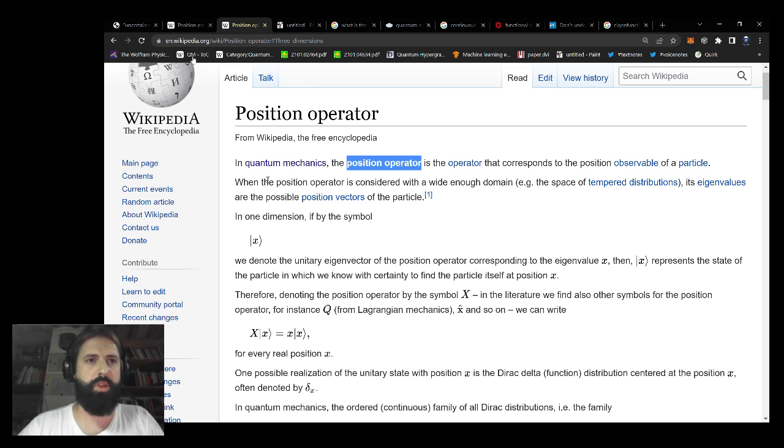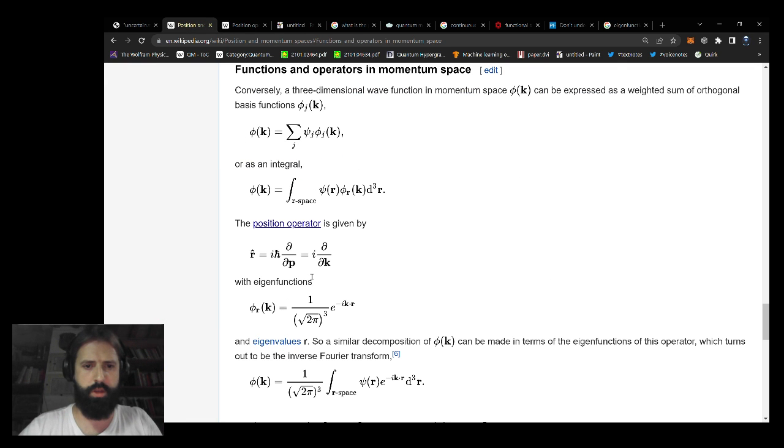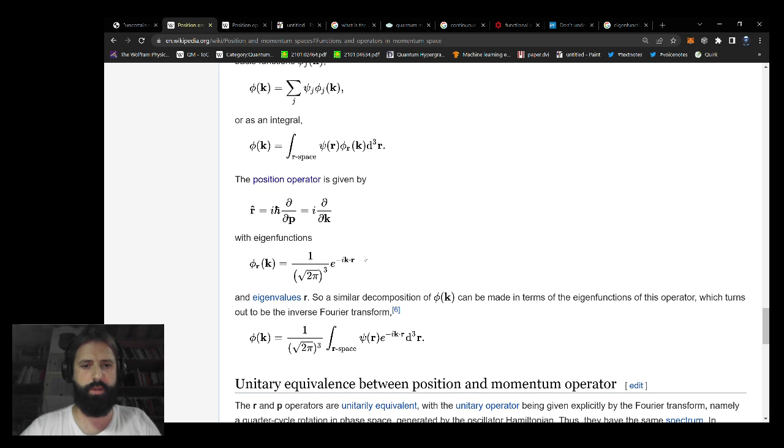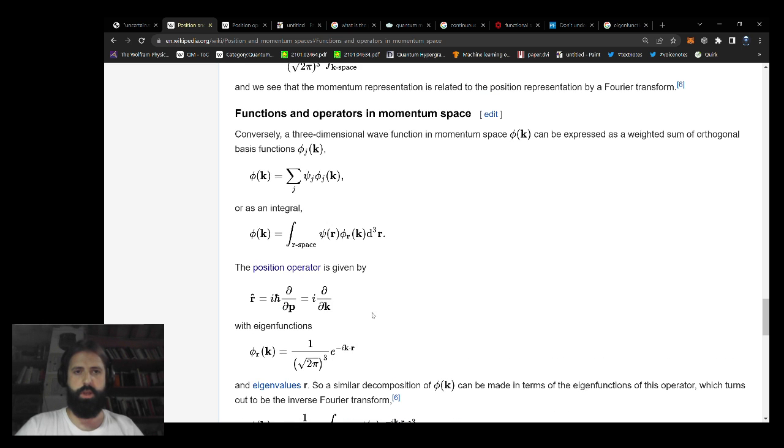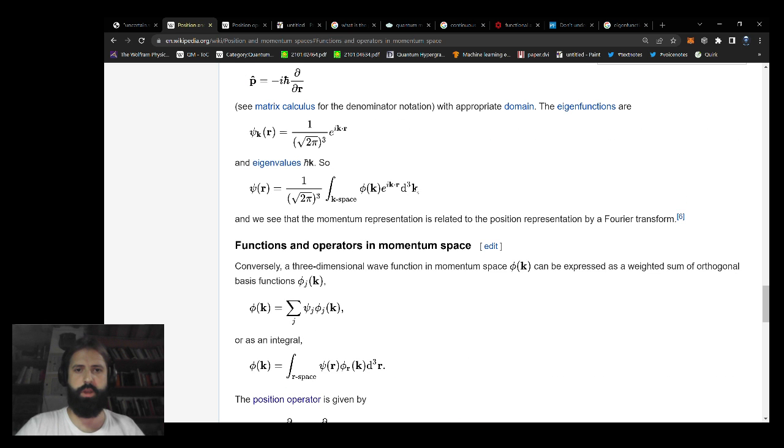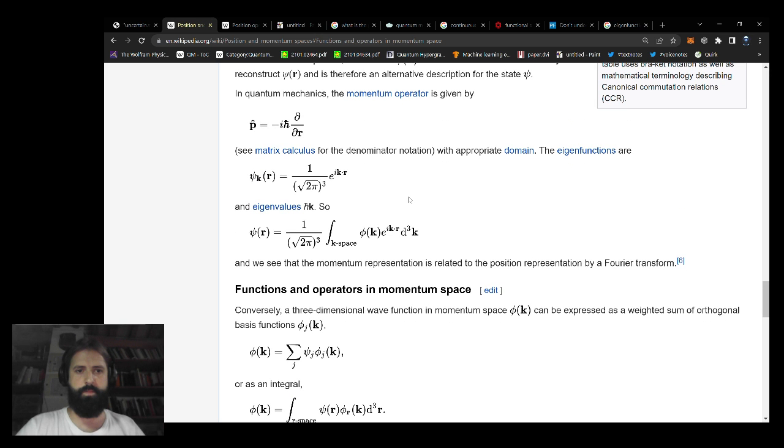Do they correspond to the basis? So this is all supposed to be the eigenfunctions. I get why it's an integral, because it's a continuous basis. Okay, this makes sense. I'm not so sure what the d3 means in here.